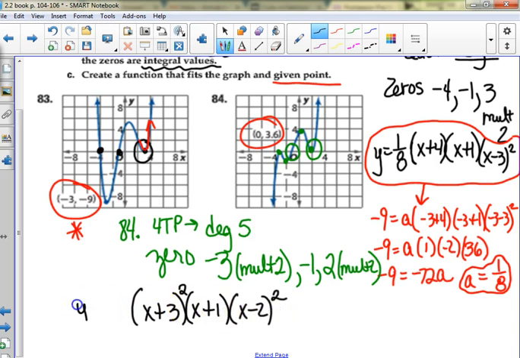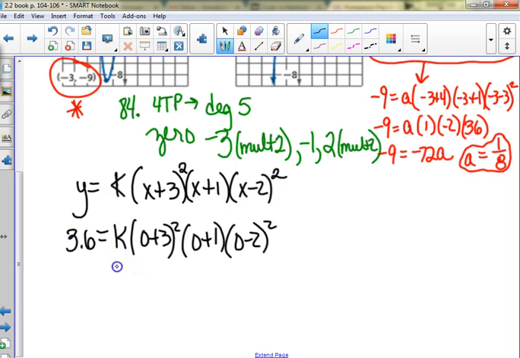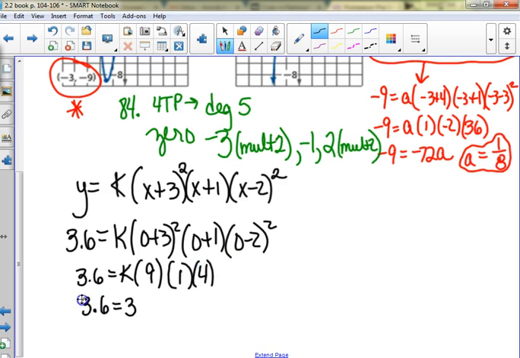Yep. What do we need to do to find our stretch? Put in this ugly point here, 0, 3.6. I'm going to use K this time, but it doesn't matter. So we'd have 3.6 equals K times 0 plus 3 squared times 0 plus 1 times 0 minus 2 squared. 3.6 equals K times 9 times 1 times 4, which is 36.